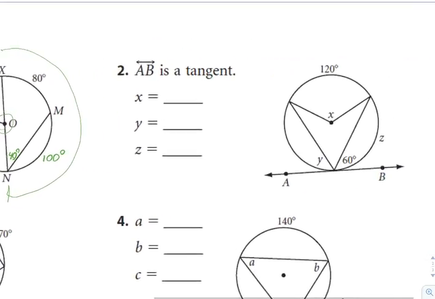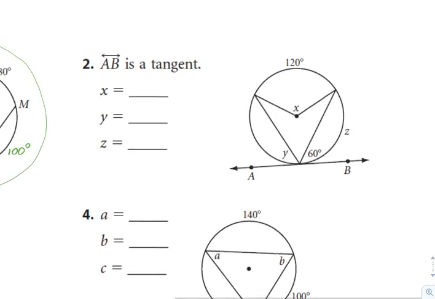Okay, number 2 here, AB is a tangent. So AB is tangent down there at the bottom. All right, let's look. Oh my gosh, look at this. Inscribed angle, so times 2, Z is equal to 120. We don't know this angle inside yet, but look at this. It's the inscribed angle of 120. So half of 120 is 60.